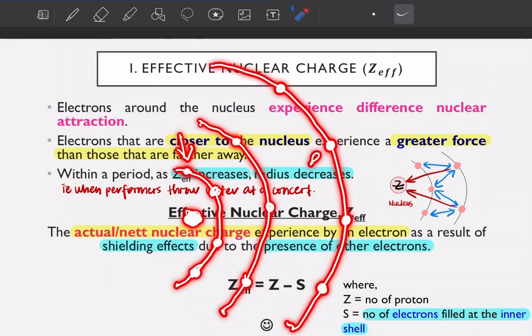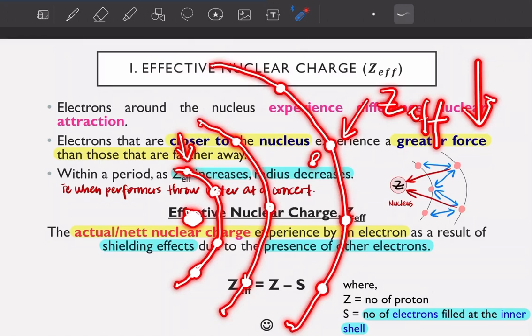Kan? Okay. So, basically, the electron at the outermost shell will feel the lowest effective nuclear charge. Effective nuclear charge, ZEF yang paling rendah sebab dia furthest away from the nucleus.